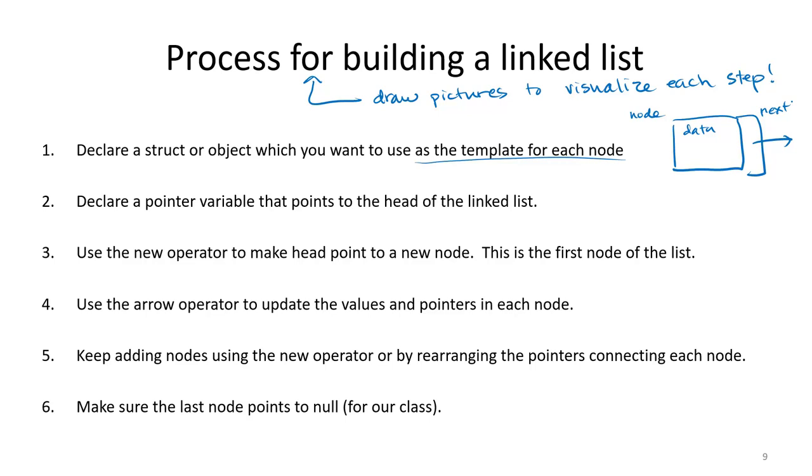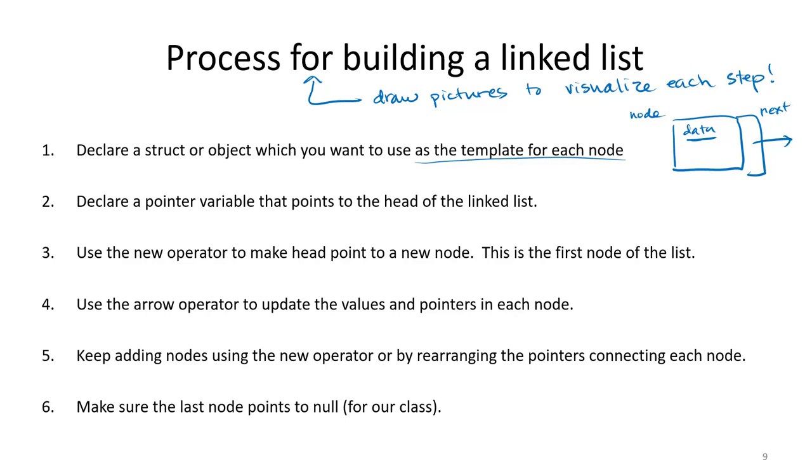Remember, it is possible to have multiple pointers and multiple pieces of data within each node, but for our purposes, we're keeping things simple, and we're just learning about nodes that contain one piece of data and one pointer.